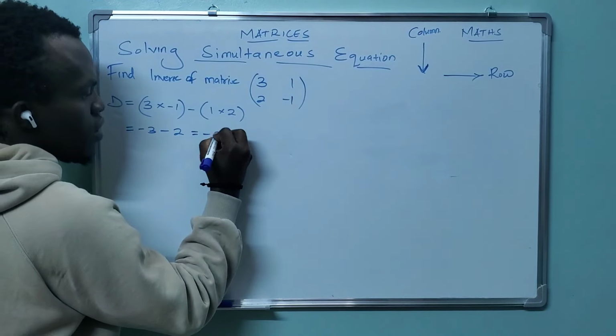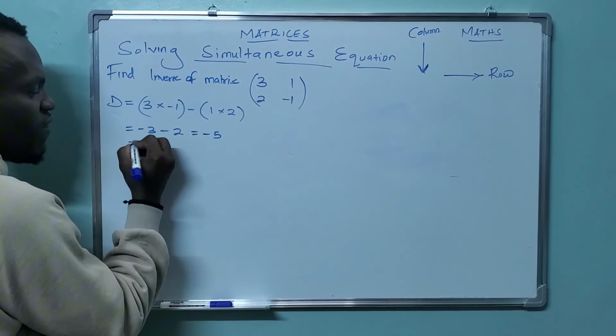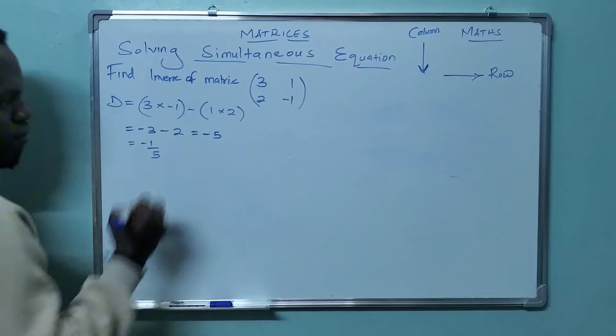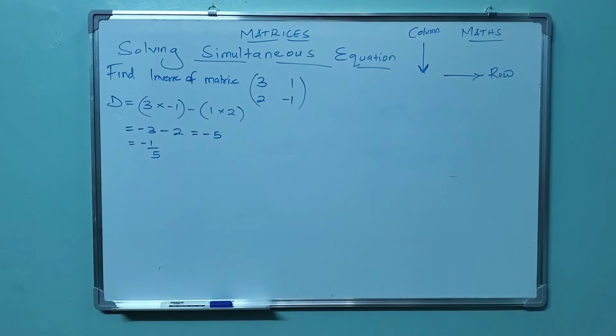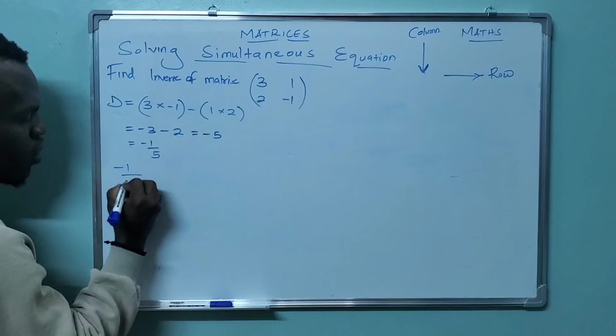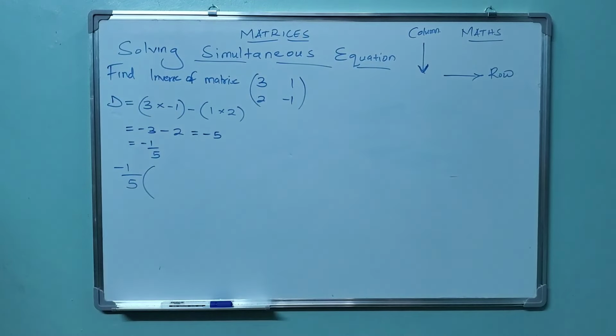which is -5. And then I'm going to get the inverse of my determinant, which is going to be -1/5. Once we've gotten the inverse of the determinant, I multiply it with the adjoint of the matrix. And how do we get that?